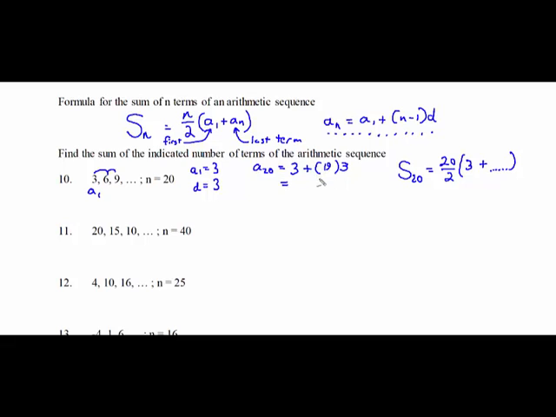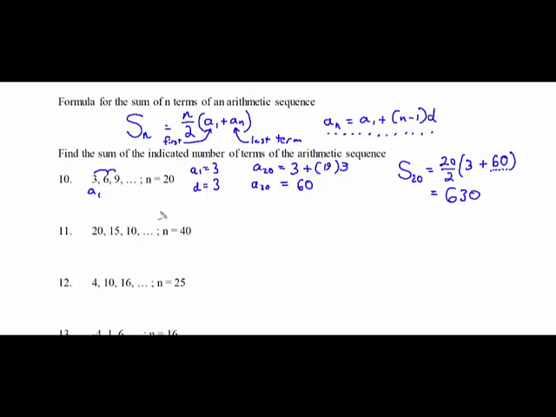So 3 plus 19 times 3: we'll go 19 times 3 first, then add 3. My a sub 20 is actually 60. So there it is, 3 plus 60, multiplied by 20 over 2, or 10. So it's 10 times 63, which is 630. If I added up the first 20 numbers that started with 3 and went up by 3, I would get a total of 630.